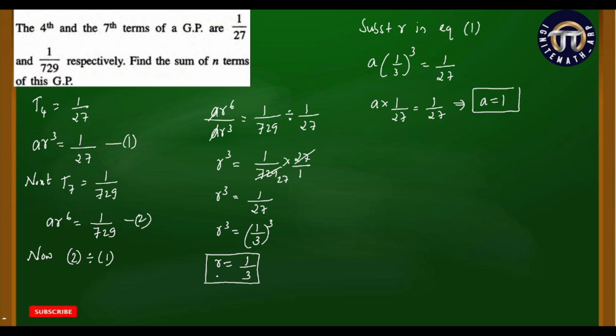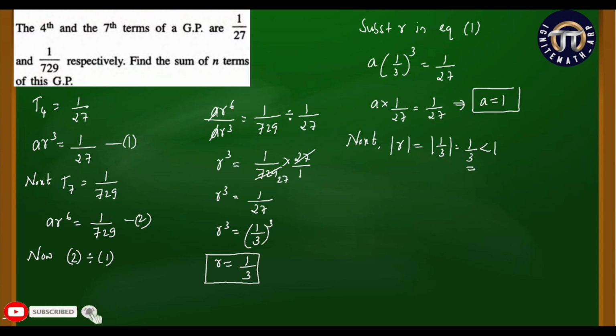Clear, children? So now what you're asked is to find the sum of n terms. So which formula to be used? That is going to be decided by finding the modulus of r. Modulus of r is equal to modulus of 1 by 3, which is equal to 1 by 3, which is smaller than 1.